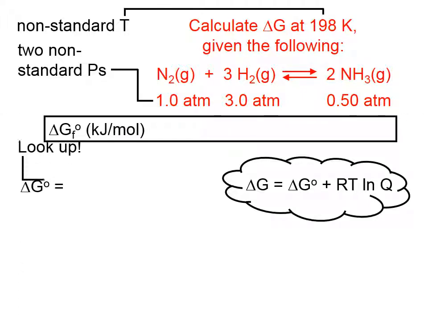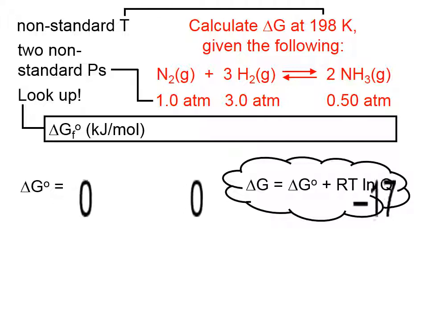We're going to go products minus reactants for the substances in the equation, and we need to look up these delta G f naught values. But before we do that, let's think: are there any of them that we know without looking them up? And that would be yes.